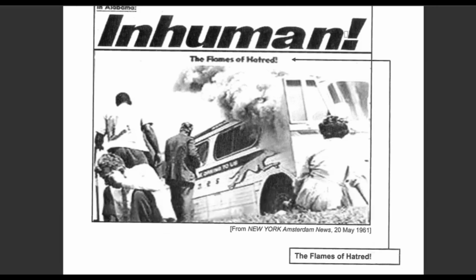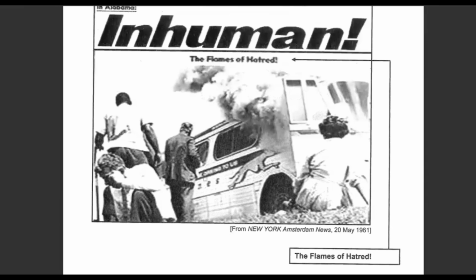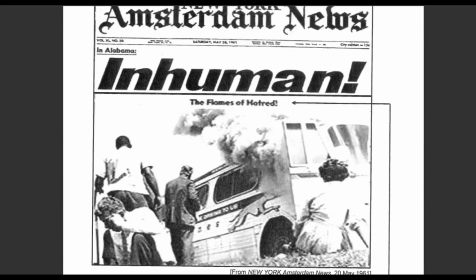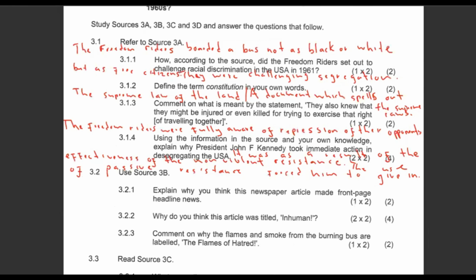Then there are images of a bus which is on fire, and a caption which says the flames of hatred. So the question reads, explain why you think the newspaper article made front page headline news.